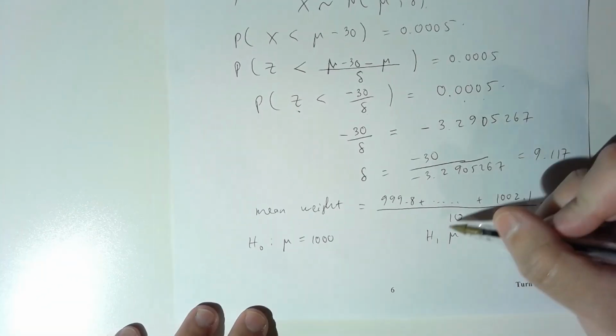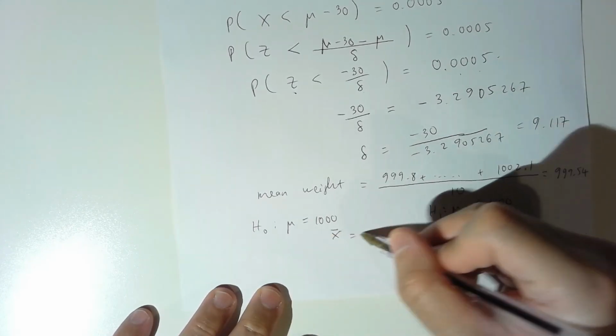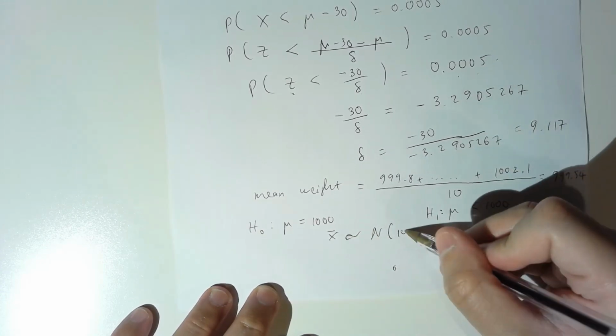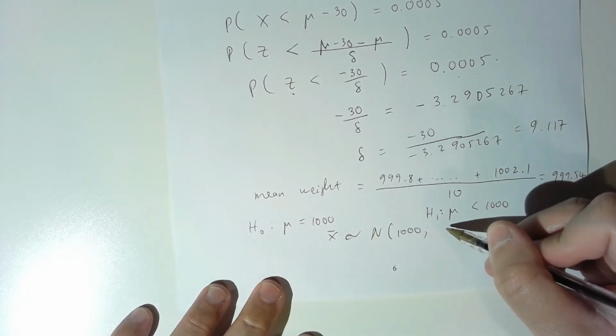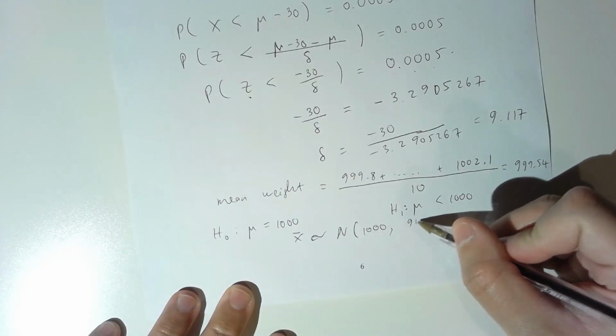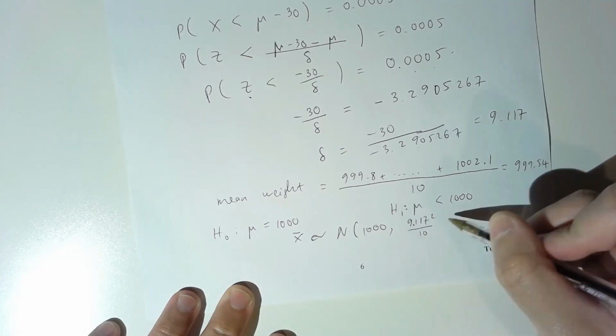Of course, when you do that, you can say x bar follows a normal distribution, with mean equal to 1000, and the variance from the standard deviation we found earlier, 9.117 squared over 10.